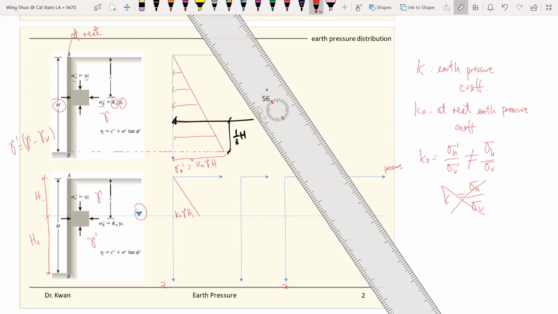So if you are in British units, I'm making this up, this could be about 120 pounds per cubic foot, a common value for medium dense sands, and the unit weight of water is 62.4 pounds per cubic foot. So the weight now is about half.